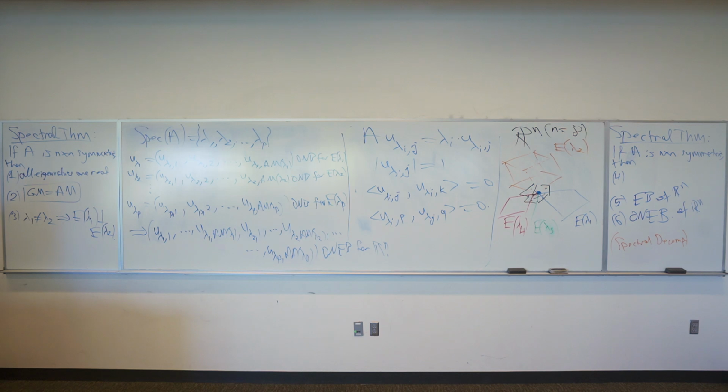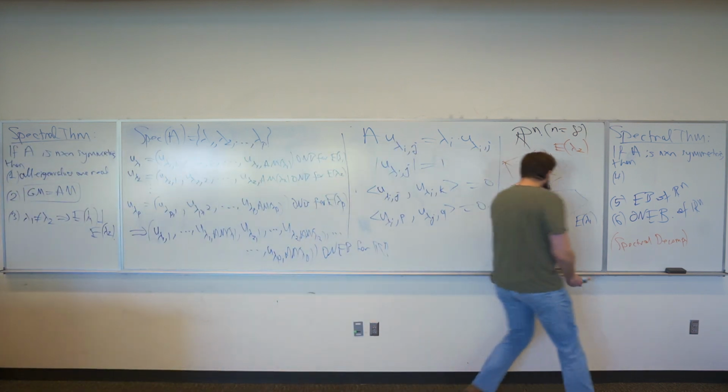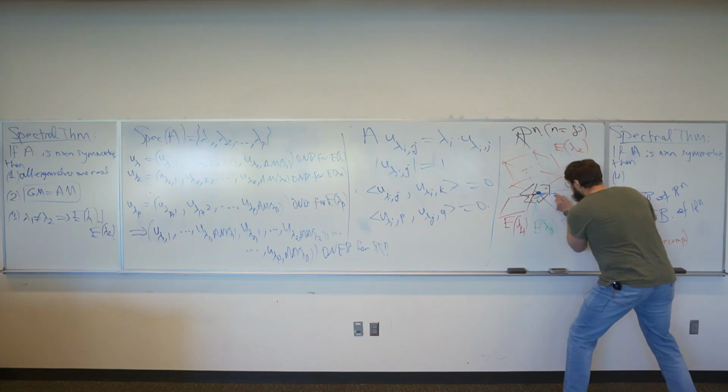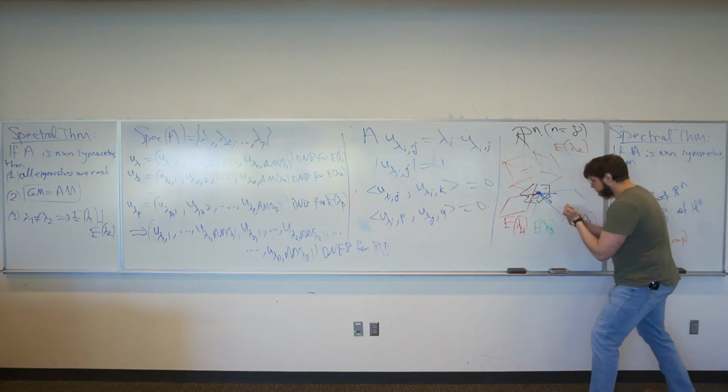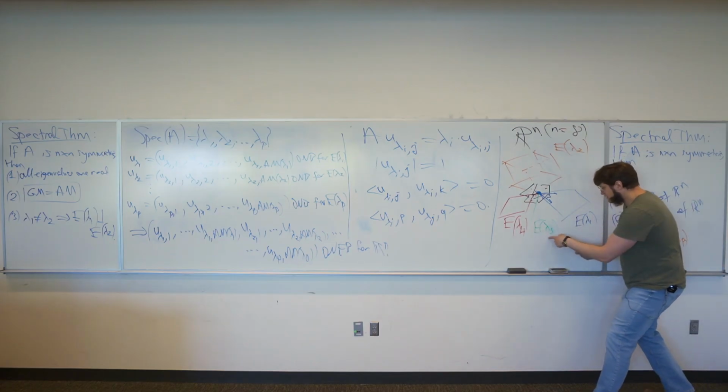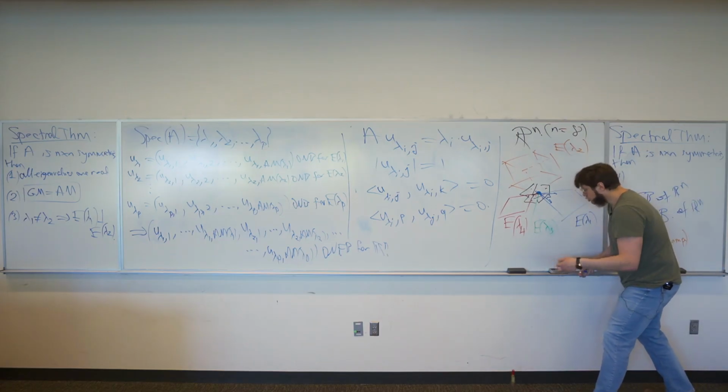So maybe I can try to draw. That's your ONB for E lambda 1. Then you took a vector in this eigenspace, normalized it.